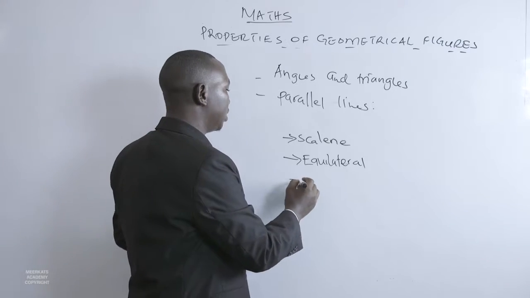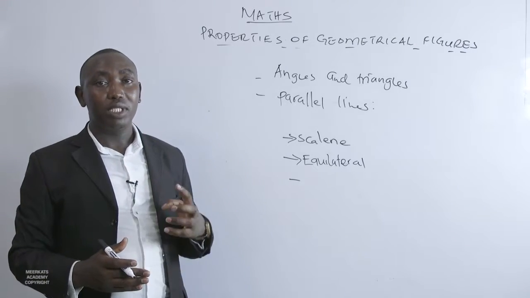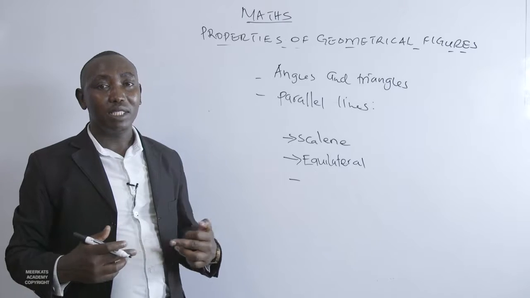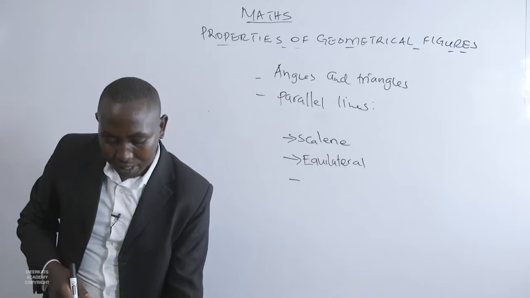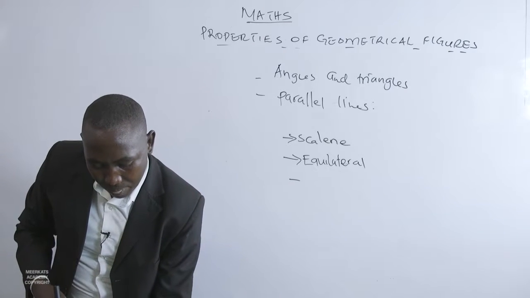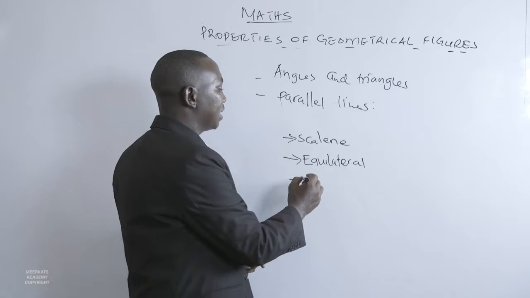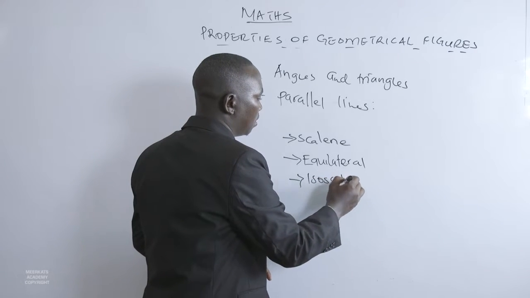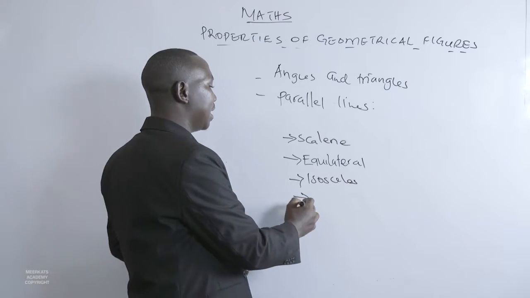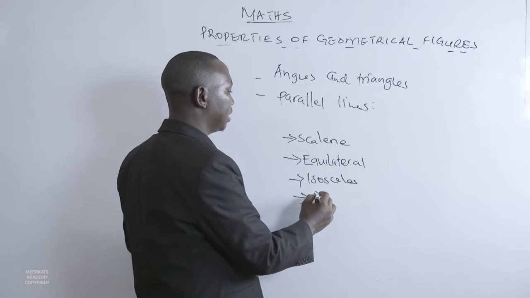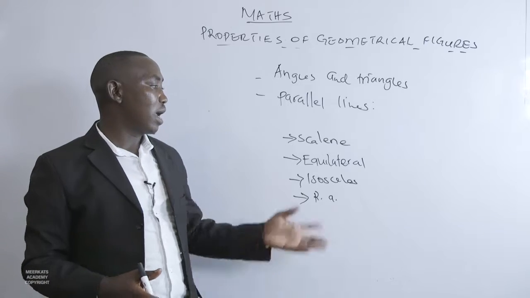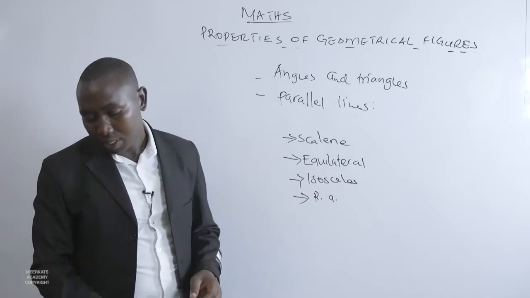We also mentioned that kind of triangle which has two sides equal and the base angles equal, and we referred to it as an isosceles triangle. Then, of course, the one that has a 90 degree angle is a right angled triangle. So depending on the sizes of the angles, we can have those kinds of triangles.